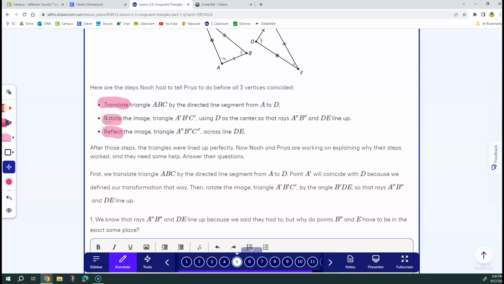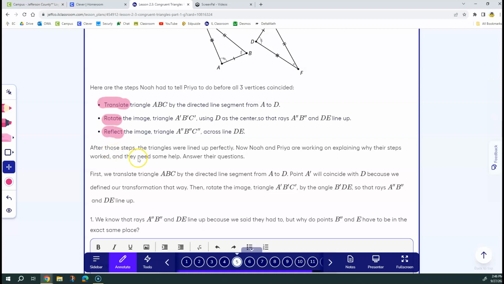If you rotate a shape, what are you changing? If you reflect a shape, what are you changing? For all of these, remember, we're just changing location. Translating, rotating, reflecting changes direction, changes where it's at, but it does not change the size.